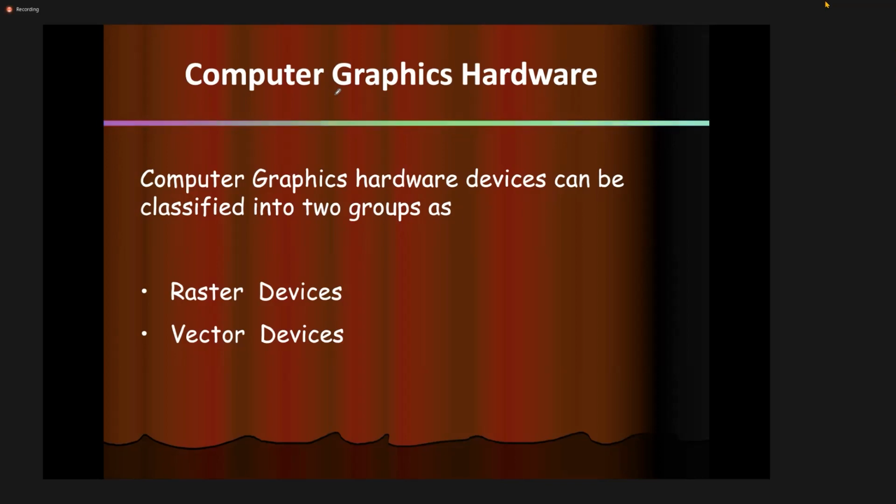Understand this one. Your screen is a raster display device. You can see all the pixels have some kind of color. From top to bottom, left to right, all the places you have pixels.